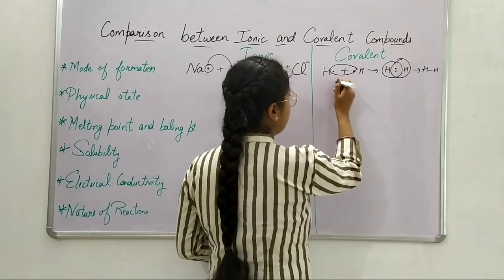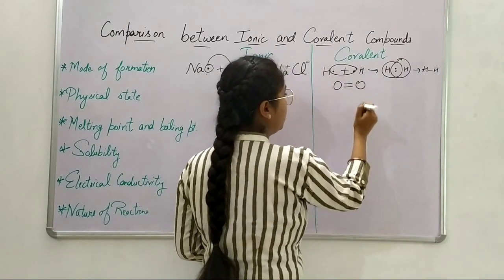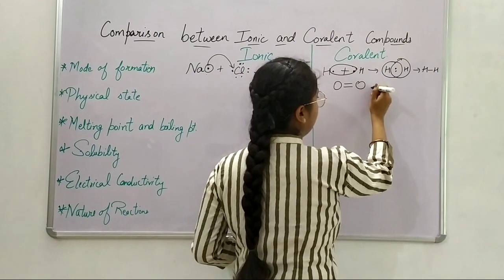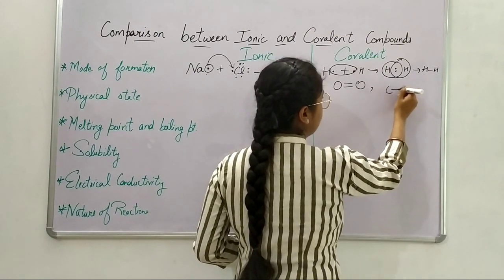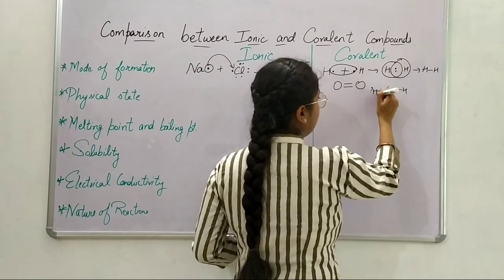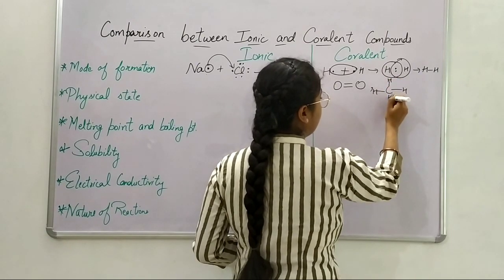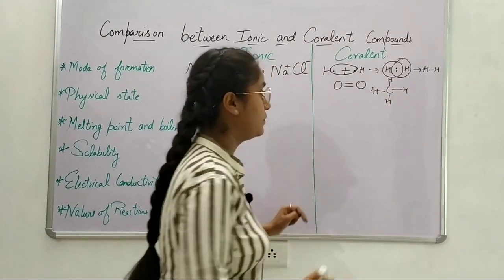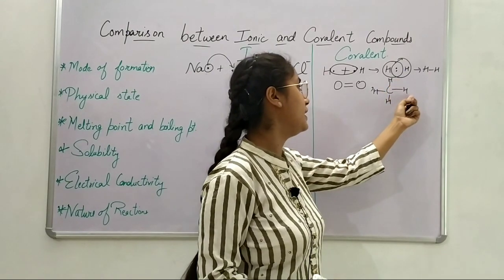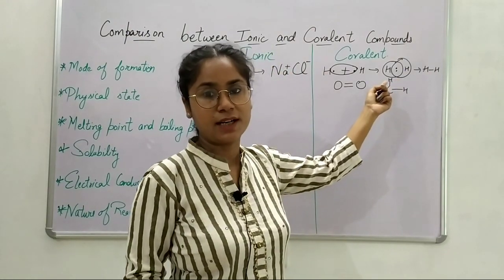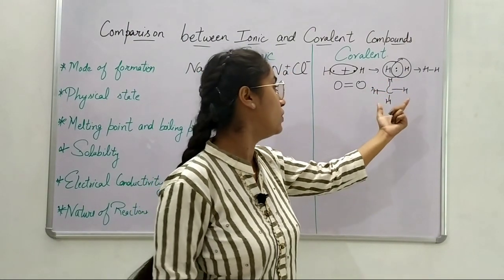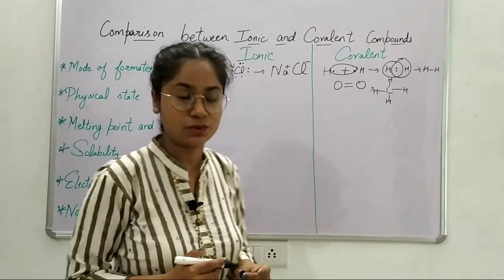Similarly, in the case of oxygen, double bonding is here. An O2 molecule has formed. CH4, you can take as an example. Each and every atom of hydrogen shares the electron with the carbon atom, forming a covalent bond and forming the covalent compound.